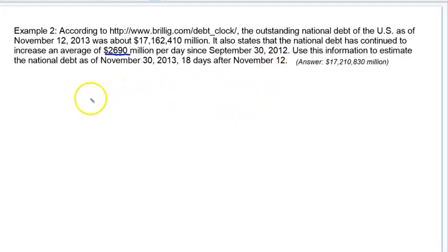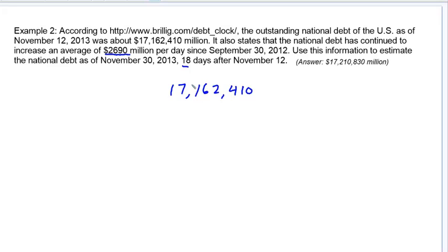All right, so we start with our $17 trillion number as of November the 12th. And this is pretty basic. On November the 30th, that's obviously 18 days. So we just take this per day growth amount and multiply it times 18.